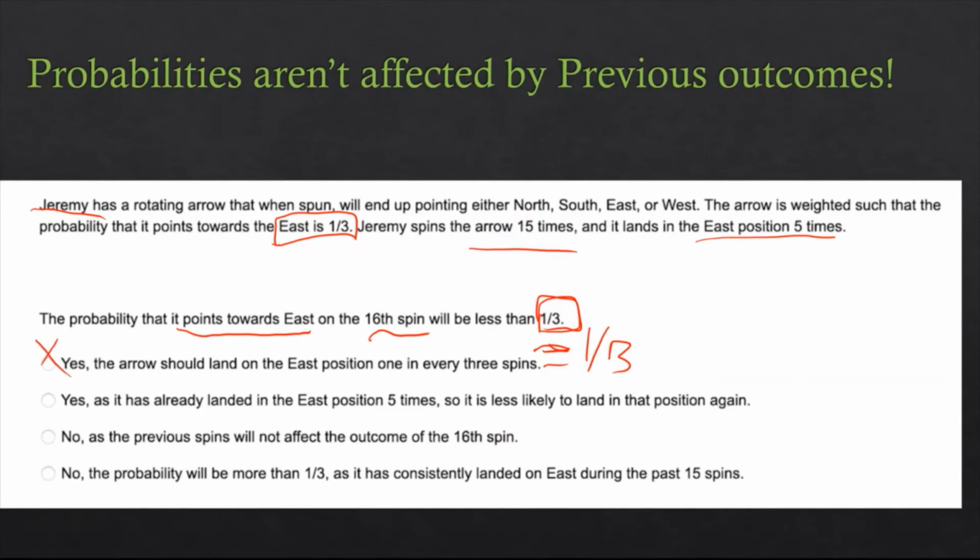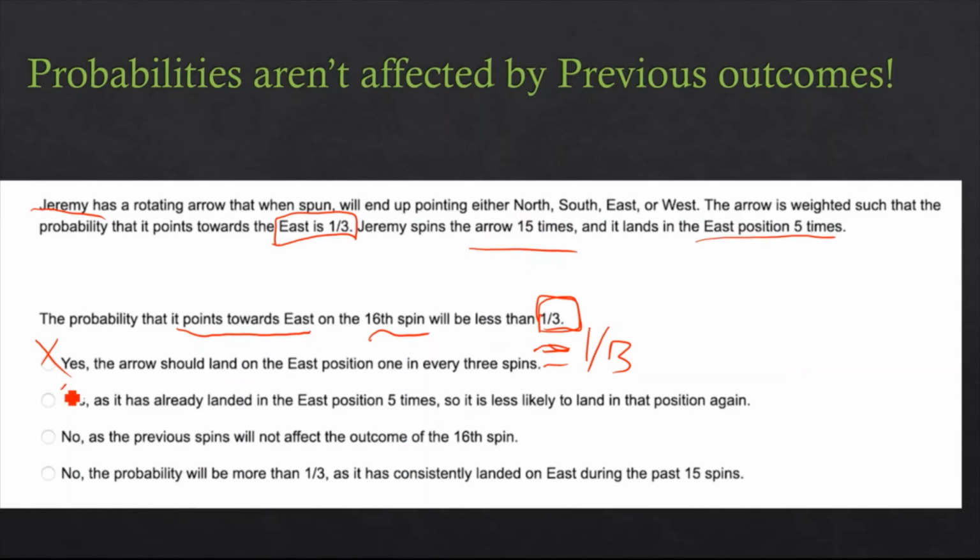Then the second option states that yes, as it has already landed in the east position 5 times, so it is less likely to land in that position again. So this is the rule that you should be using, because the previous outcomes have no influence on the next spin that Jeremy is about to do.